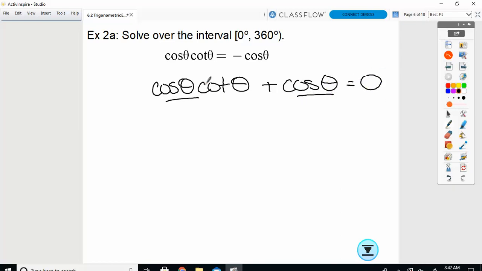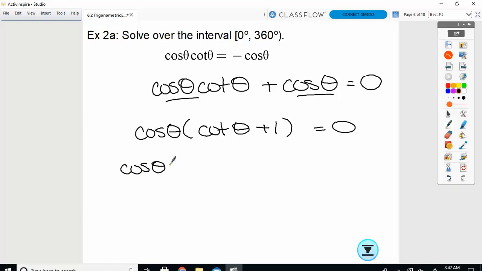What do they both have? Cosines. We take out the cosine theta. Now, if you have two things multiplied that equal 0, that means one of those has to be 0, right? So either cosine equals 0 or cotangent theta plus 1 equals 0. So we have to solve each of these.